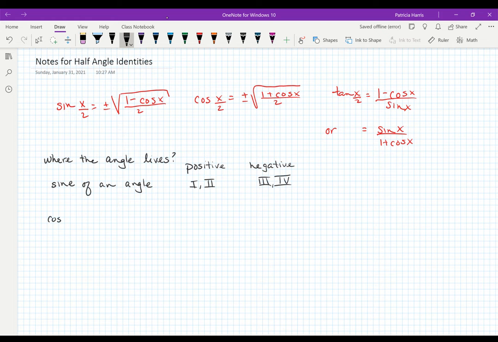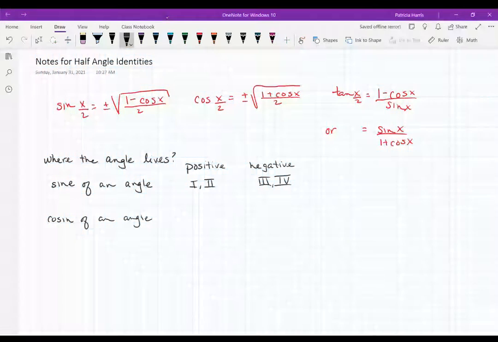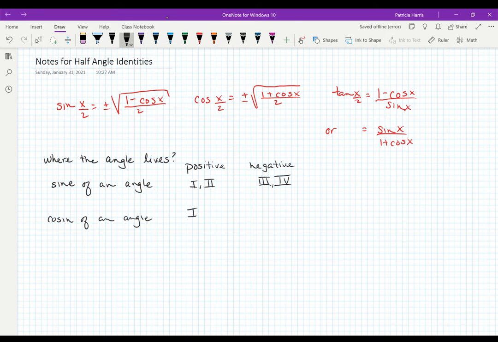Cosine of an angle is positive in quadrant 1 and quadrant 4, and then negative in 2 and 3.